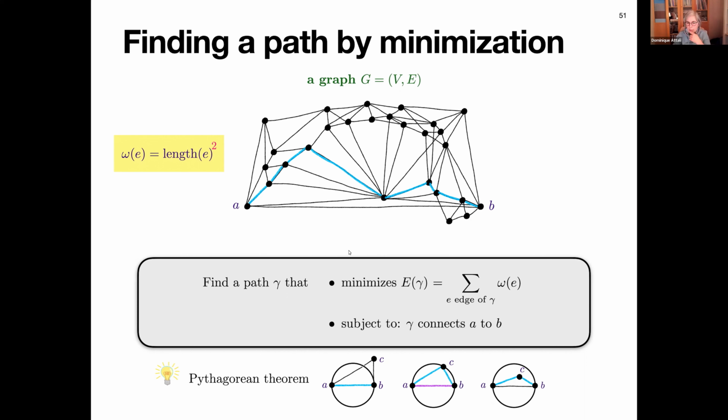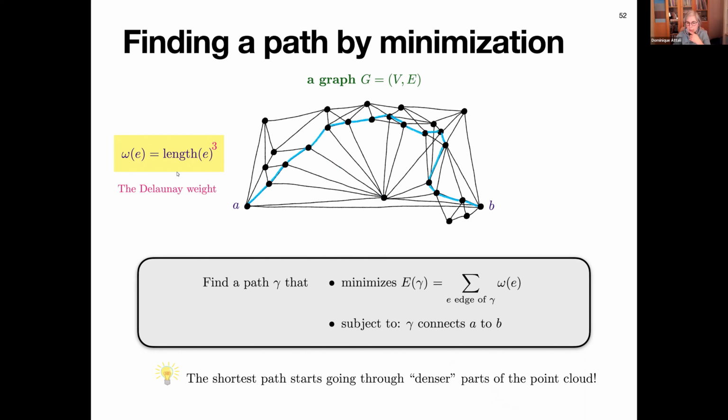Okay. So now take for the weight of the edges the length of the edges cubed. And actually, this coincides with the Delaunay weight that we have introduced earlier. And so the consequence of that is that your shortest path is going to go through the denser parts of the point cloud.